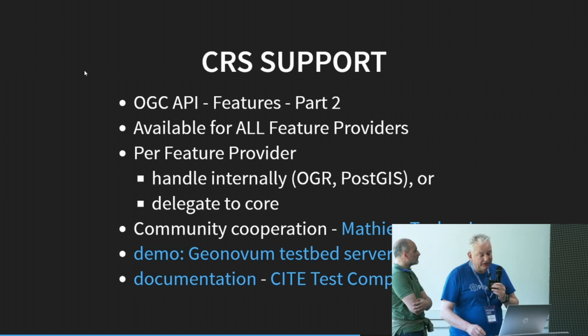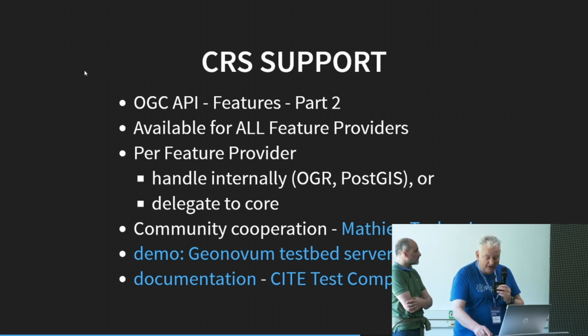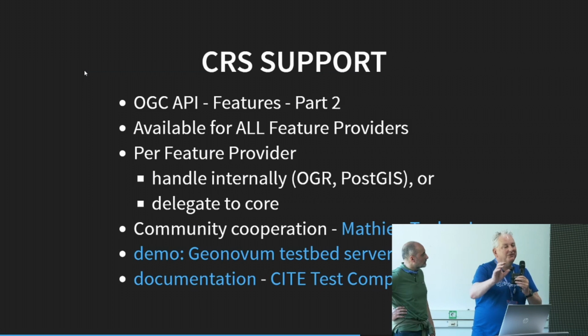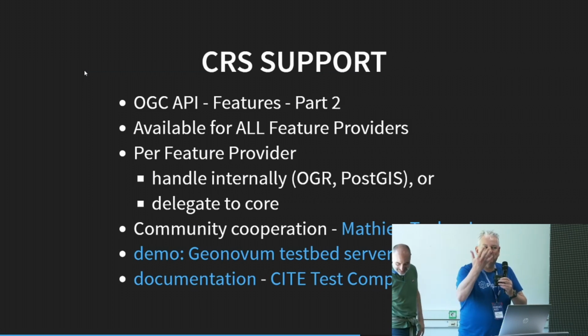And we implement it for all feature providers, even for, let's say, CSV. Some backends can do the reprojection internally, or it's delegated to the core. And here we saw also community cooperation, which is sort of a luxury, because once we opened the issue, we had like 3 PRs coming in.